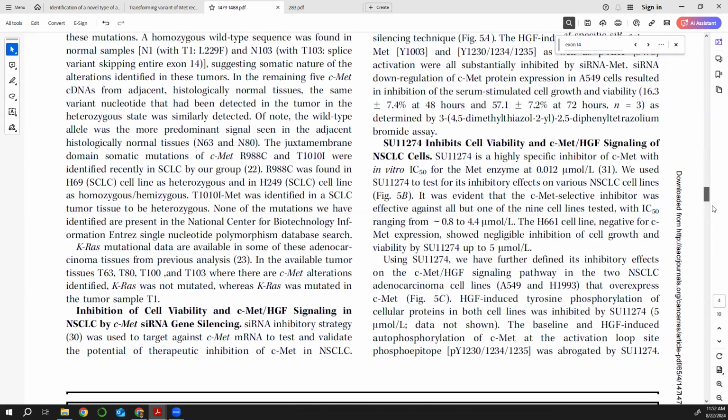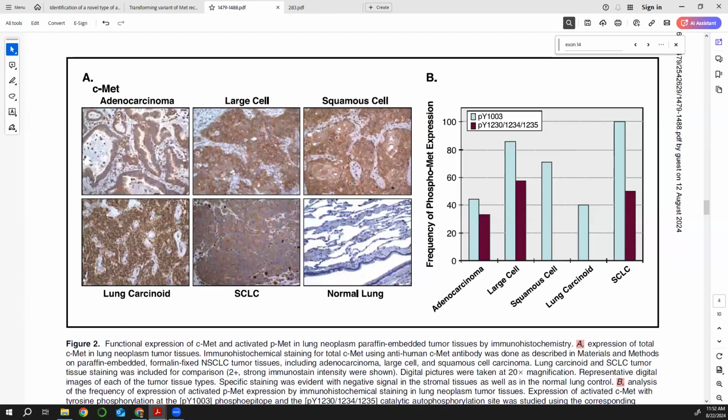Okay. So that was looking at cell lines. It would be nice to know if they're expressed in tumor tissues as well, because the tumor tissues themselves are closer to what is happening in the real world in patients, because cell lines can always aberrantly express new proteins that are not really expressed in physiological or pathophysiological states.